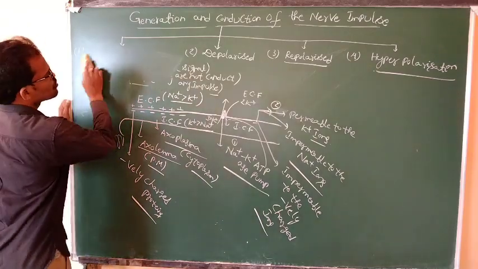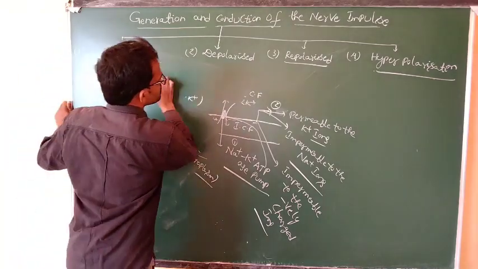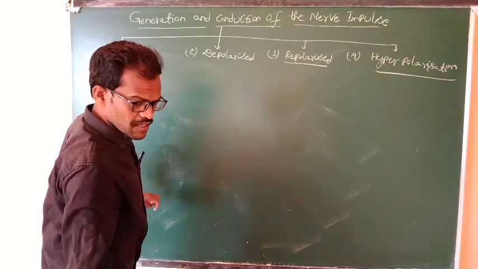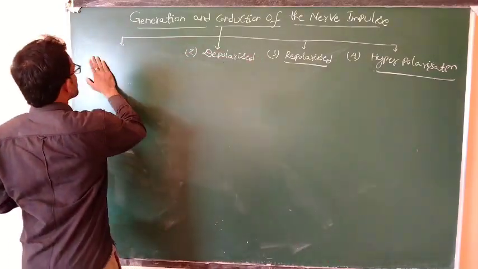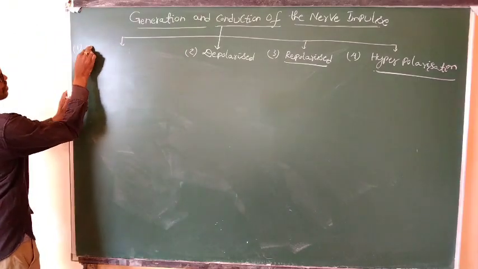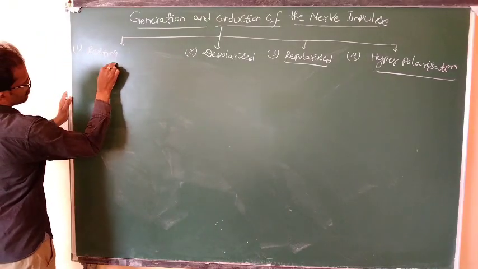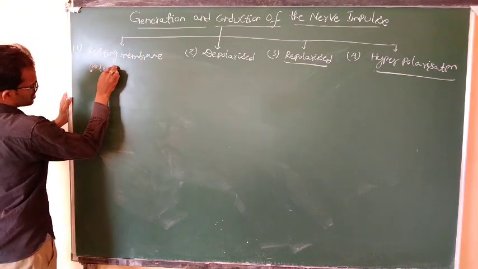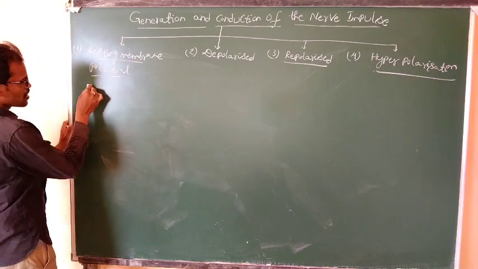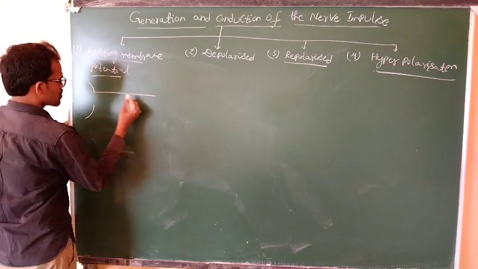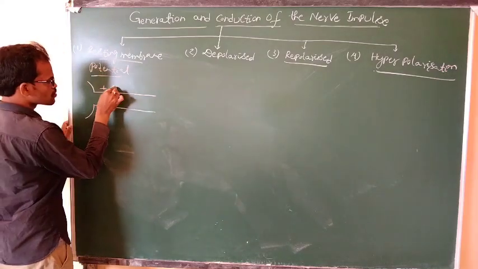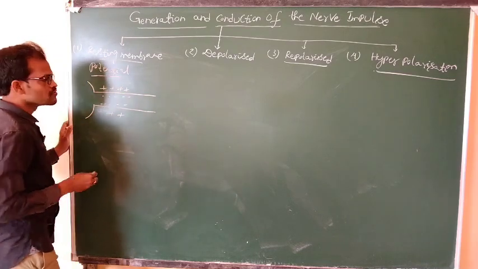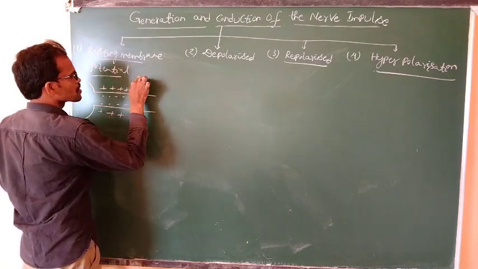What is the resting membrane potential? At the axolemma, outside is positive and inside is negative, maintained by the sodium potassium pump.